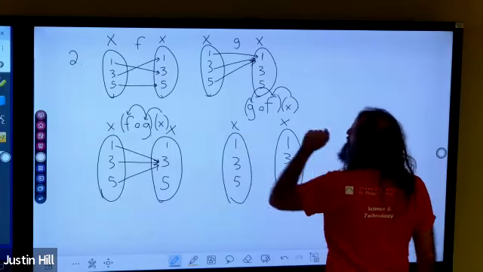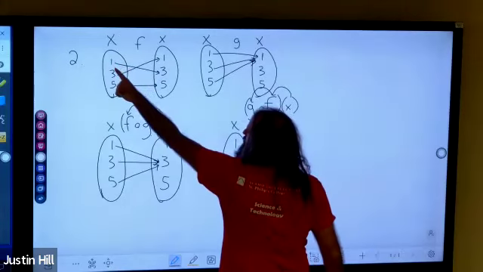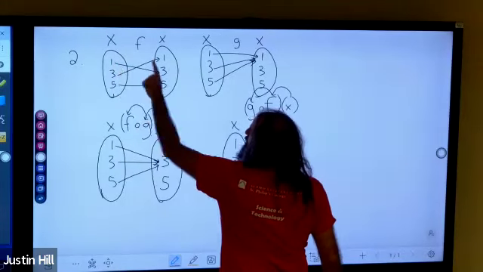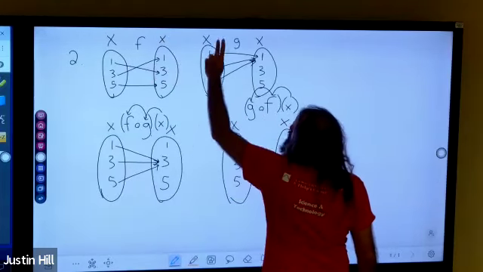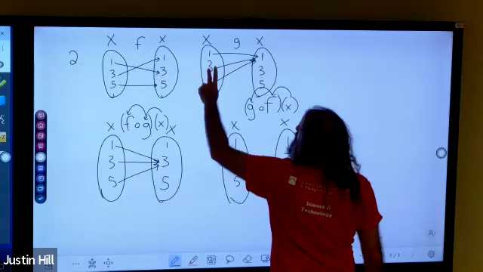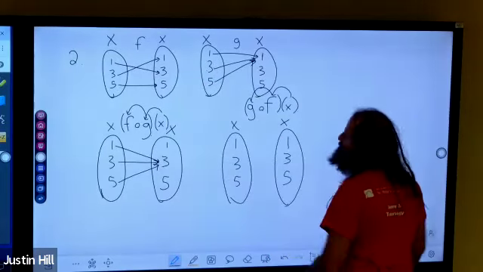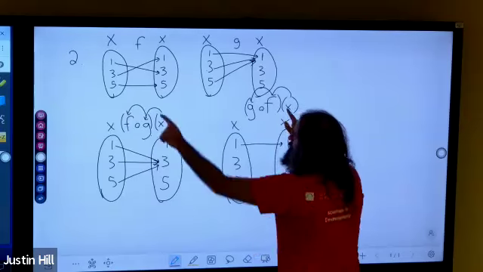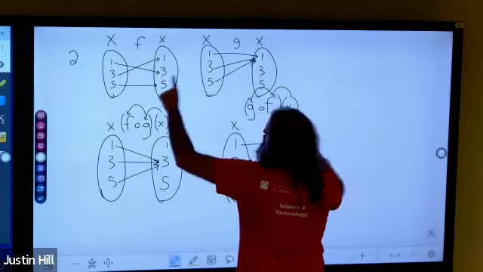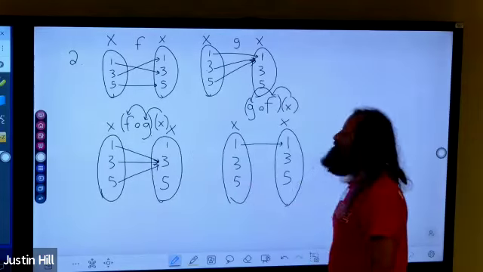So if I put a 1 into F, what does that give me? What's the output? The output is 3. Good. So then I'm going to take that 3 and put it in G, and if I put a 3 into G, what do I get out of that? Good, a 1. The 1 goes to 1. I put in a 1. It became a 3 momentarily, but then that 3 became a 1 again.